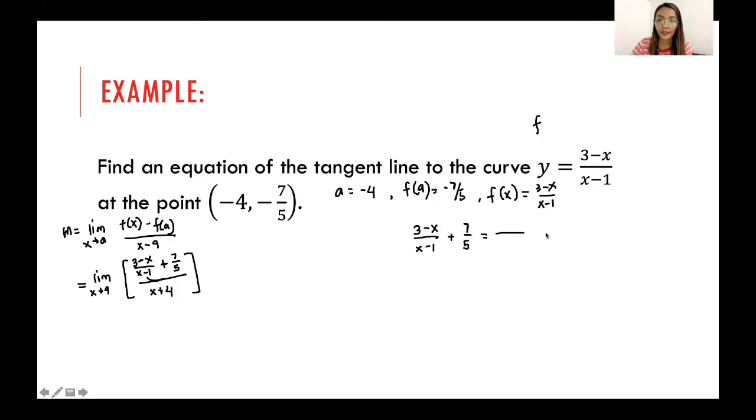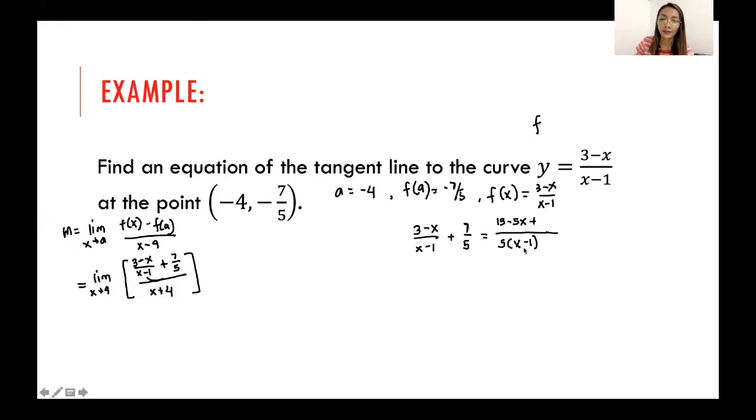So, our denominator here is 5 times x minus 1. So, we have here 5 times 3 is 15 minus 5x. We also have here plus, ito x minus 1, ito makakancel yan, diba?